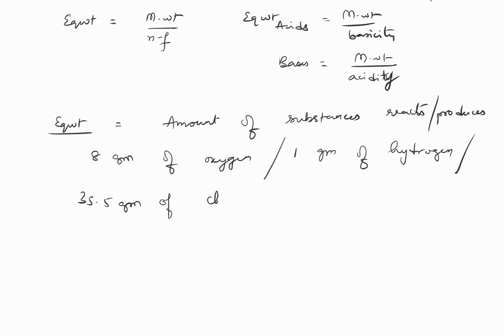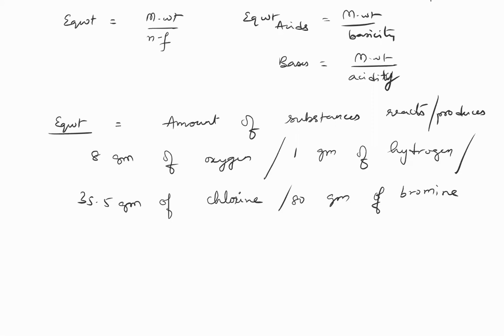That's the definition. And not just these, there is also a definition with respect to bromine. You can say 80 grams of bromine, all these also. But these are all age-old definitions, not the latest definitions.